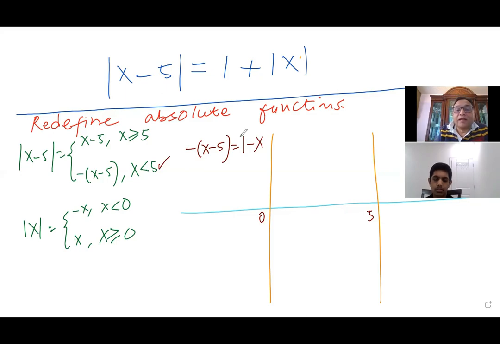In the interval between 0 to 5, since we are above 0, absolute value of x is positive now. However, the left side is still negative. So we have negative of x minus 5 equals 1 plus x. Does it make sense? On the right side of 5, both are positive, and so we have the equation x minus 5 equals 1 plus x. So these are the three different equations which we will solve and get the solution.